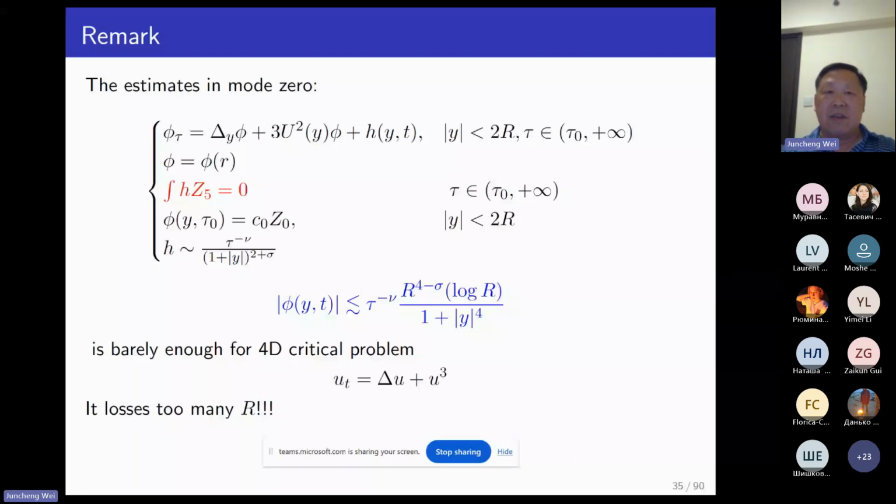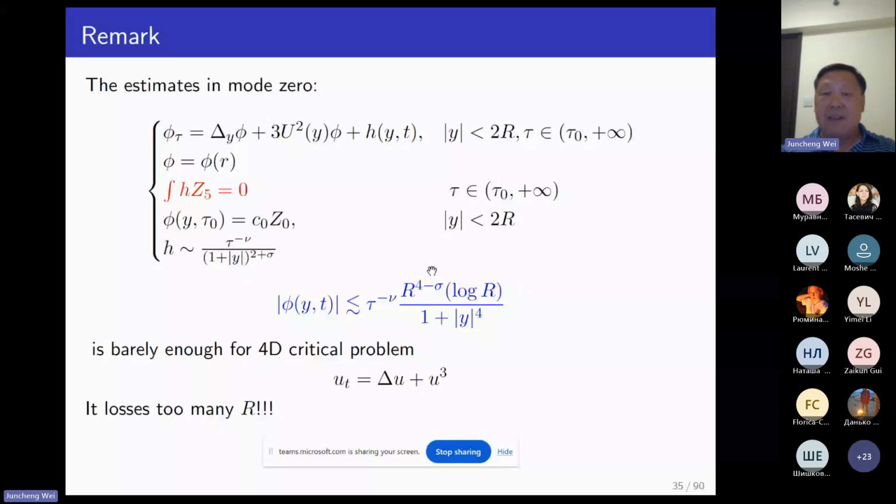The linear theory for the dimension 4 case. As I said, this linear theory is not good because you lose a lot of R's. You have some decay for y equal R, but you lose a lot of R's inside.